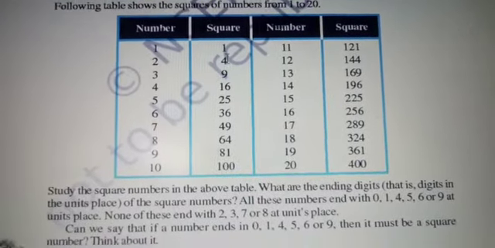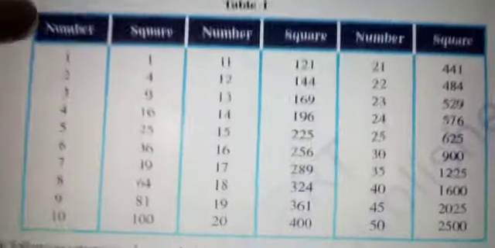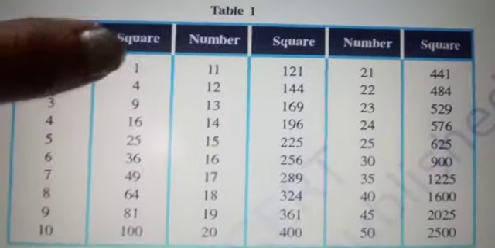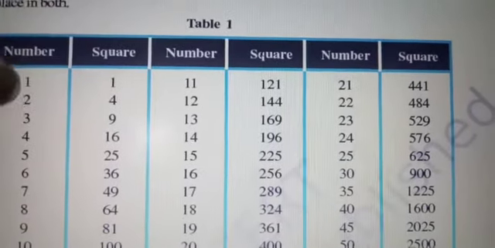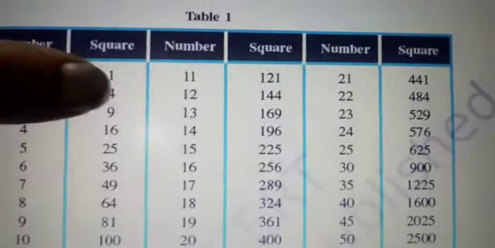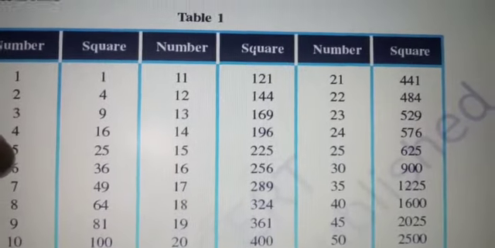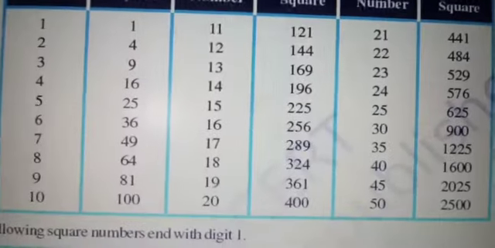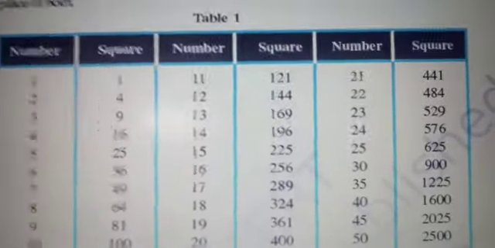Okay, understood, children? Next, there is a property given. They have given the numbers and their respective squares: 1 square 1, 2 square 4, 3 square 9, 4 square 16, 5 square 25, 6 square 36. Like that, they have given the squares of those particular numbers.